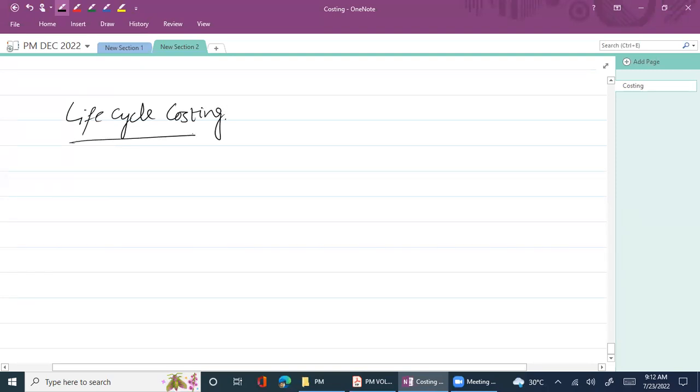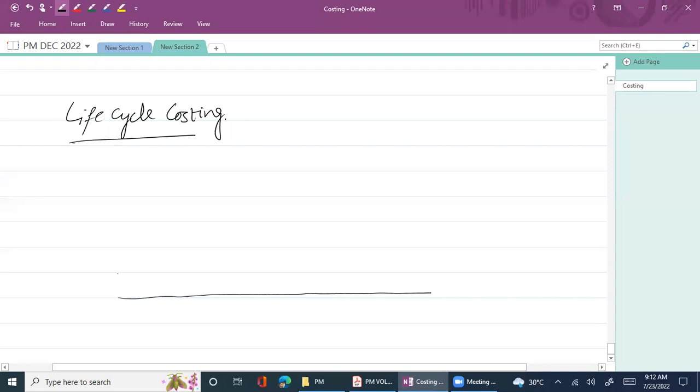Life cycle costing. Basically, the word life cycle means the product's life cycle, and we already know that costing means the way to calculate cost.